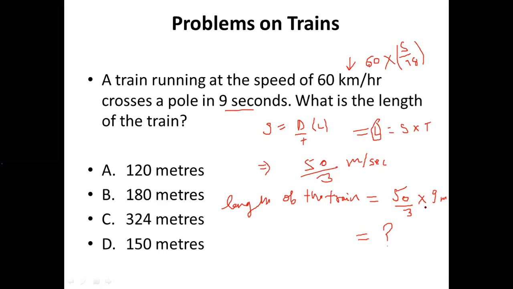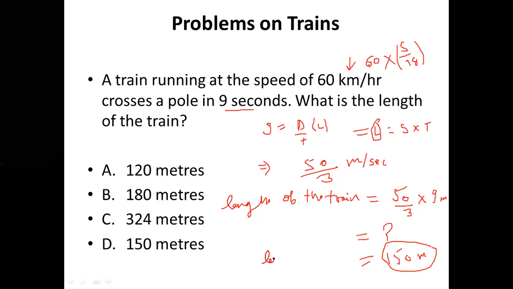Yes, calculate it. I will randomly announce your name, you have to answer this question. Yes, after calculating, how much? 150. 150 meter, what is this? What we have found just now?